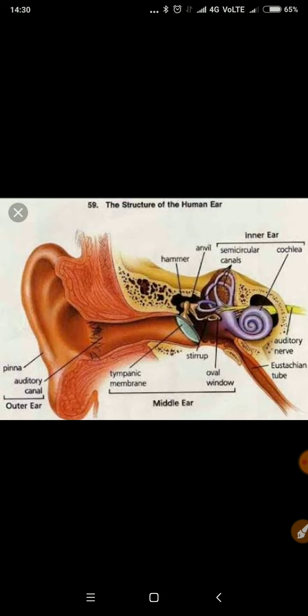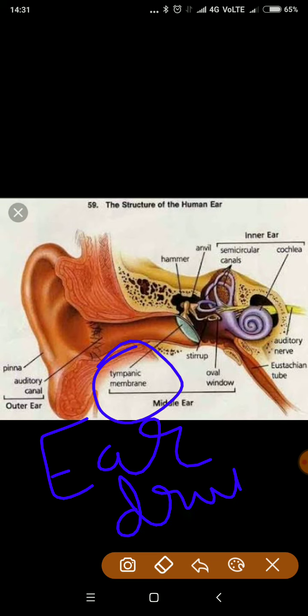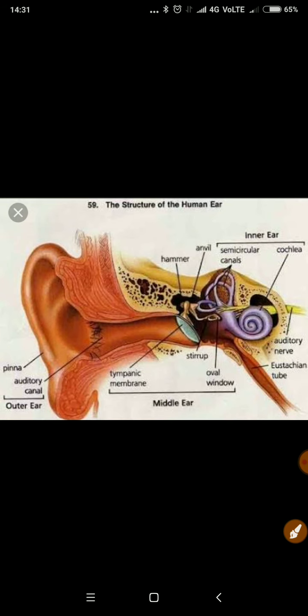Are you able to see this tympanic membrane over here? You may call it eardrum, you may call it tympanum. It is an elastic membrane which is circular in shape.